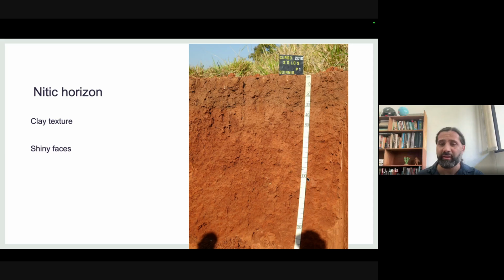So because the nitic horizon is usually connected to mafic materials, you have very low sand content, very, very low. And it's quite easy to understand why, because these horizons are formed from rocks that are virtually absent of quartz.